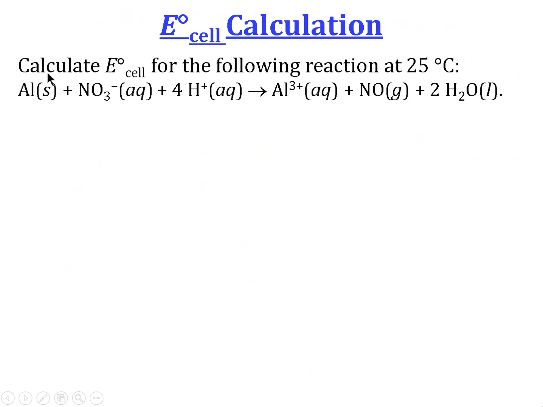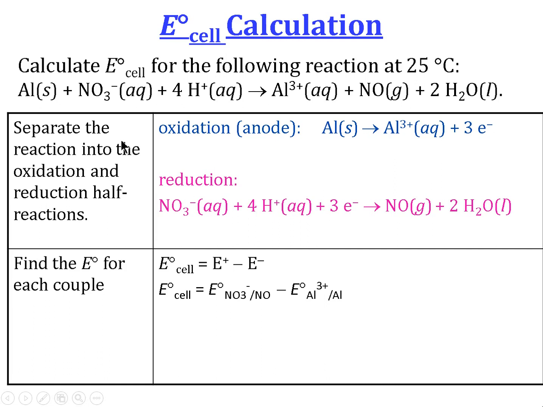As an application, calculate E0 of the cell for the following reaction at 25 degrees. First of all, we have to separate the global reaction into half equations. So the oxidation at the anode, we have Al transformed to Al3+ plus 3 electrons.